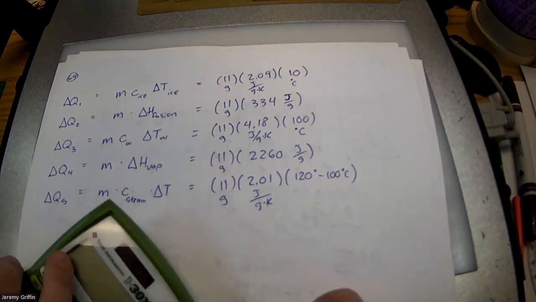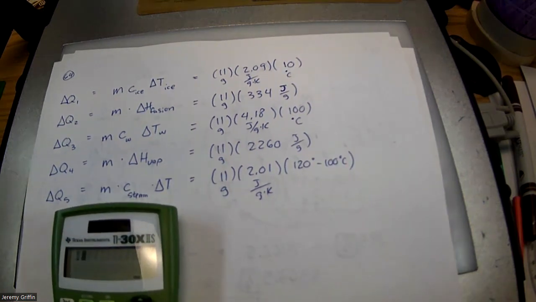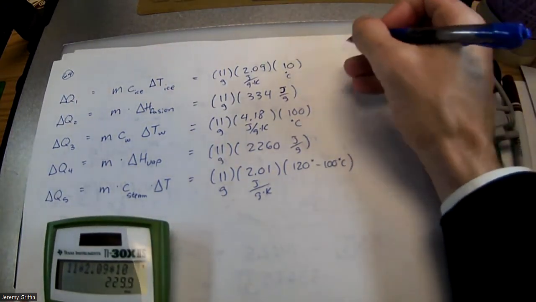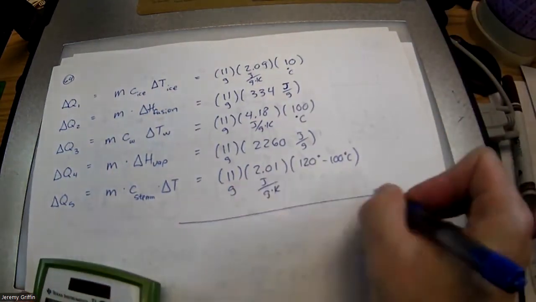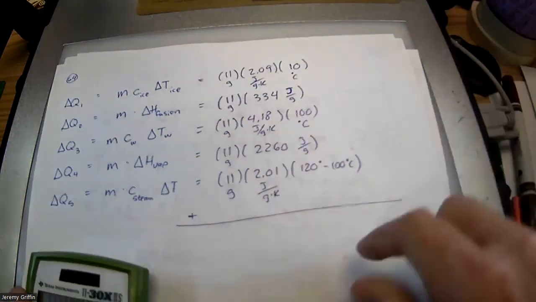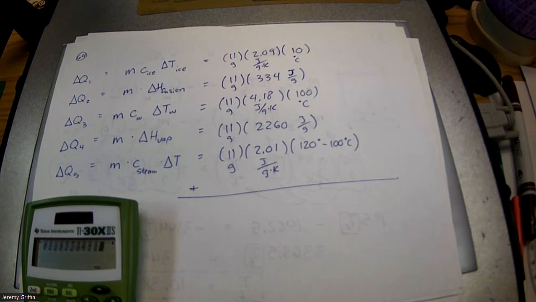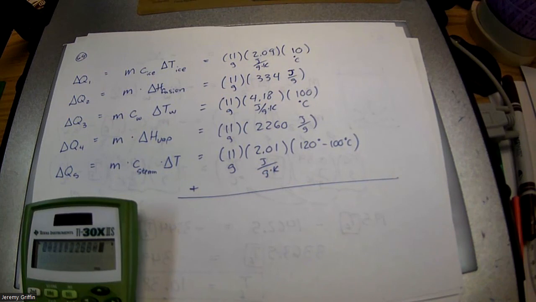I'm just going to add them up like this. So I got 5 different energies. I'm going to add them all on my calculator screen. So 11 times 2.09 times 10, plus 11 times 334, plus 11 times 4.18 times 100, plus 11 times 2260, plus 11 times 2.01 times 20.